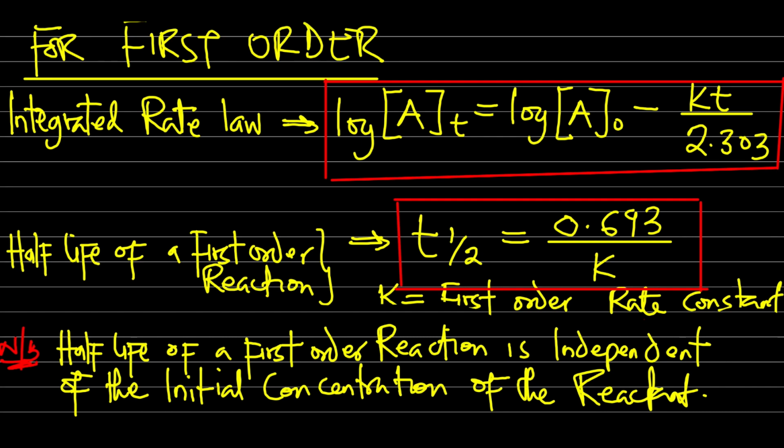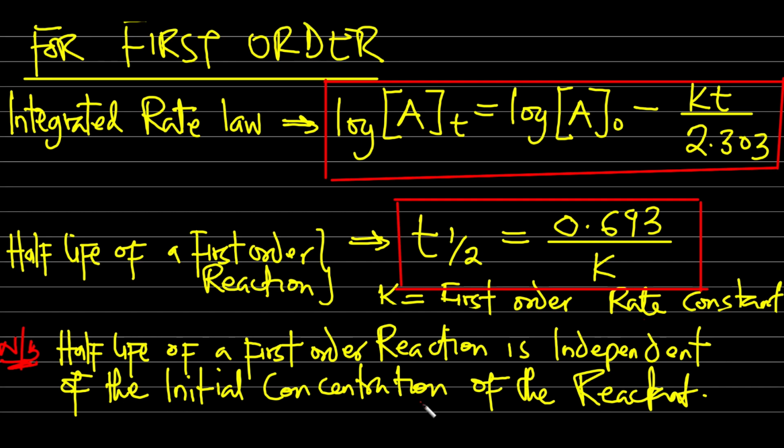Do not forget that when we discussed the rate law for a zero order reaction, we said that the rate law of a zero order reaction is R equals K times concentration of A raised to the power of x, where x equals 0. And I went ahead to say that the rate of a zero order reaction is independent of the concentration of the reactant.